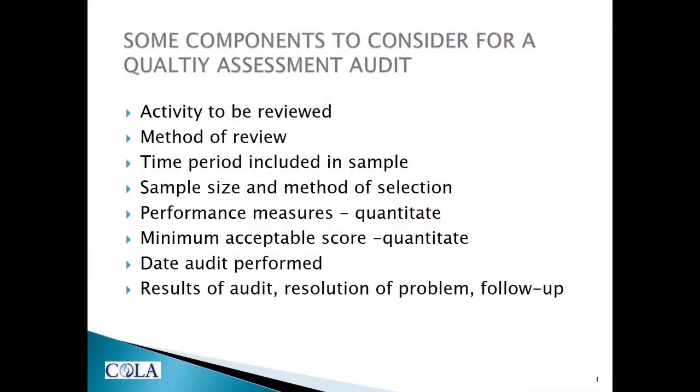First, it is important to consider the components of a quality audit, and listed in this slide are some of these components: the activity to be reviewed, the method of review, the materials needed for the review, the time period included in the sample, the sample size, the expected performance measure, and you want to quantitate this if at all possible, the minimally acceptable score, the date the audit was performed, the audit results, including what problems were identified, how they were resolved, and how they were followed up.